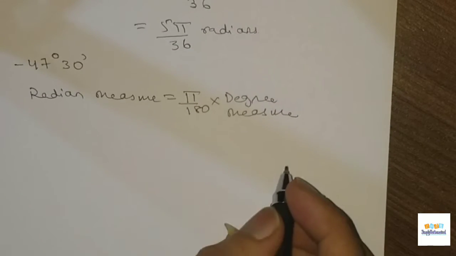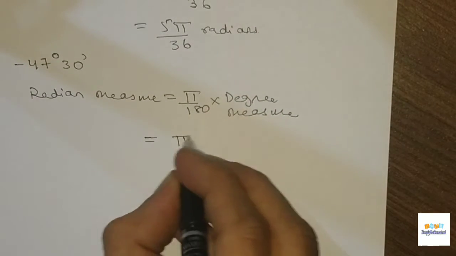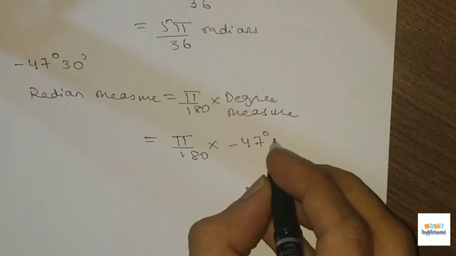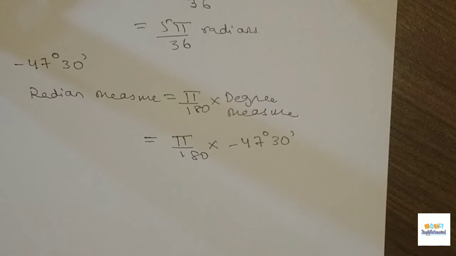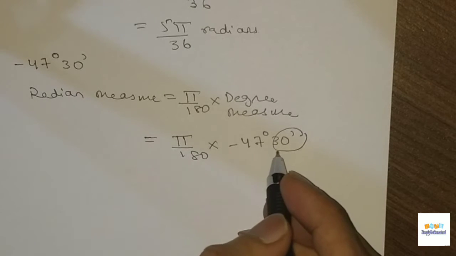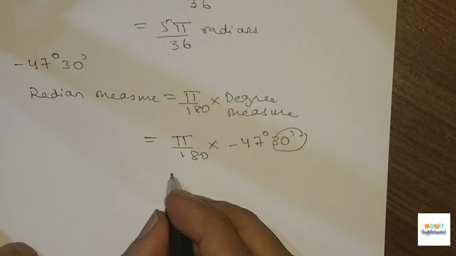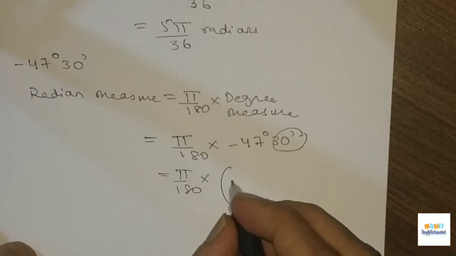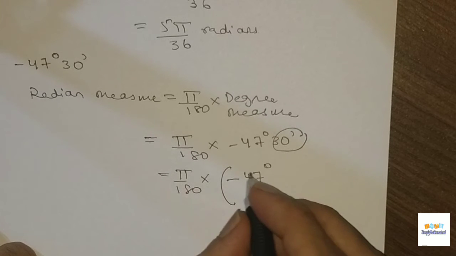Okay, which is equal to pi by 180 multiplied by minus 47 degree 30 minutes. Now here you have minutes, you have to convert into degree. So what you will do, you will get pi by 180 multiplied by minus 47 degree.